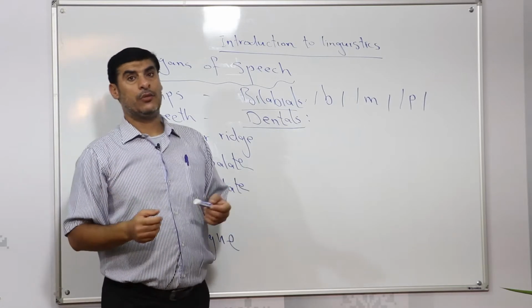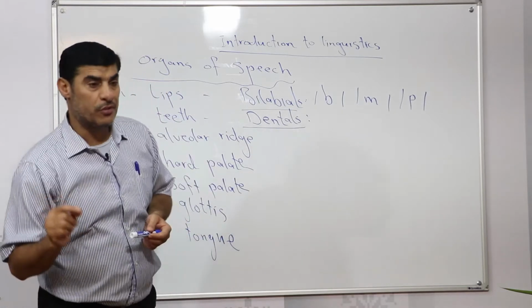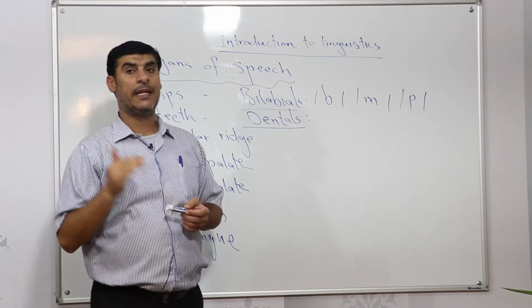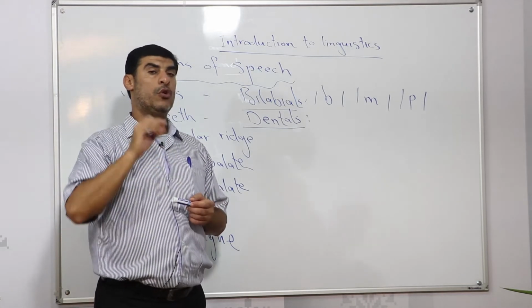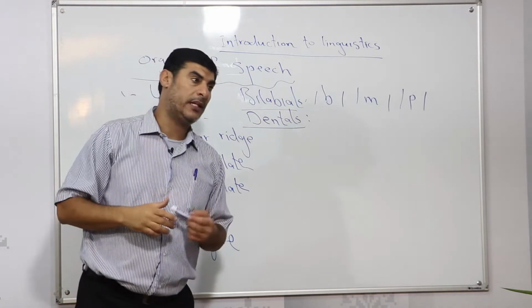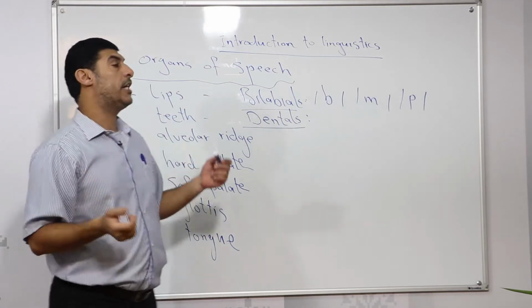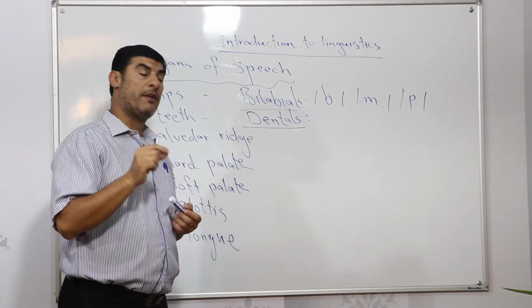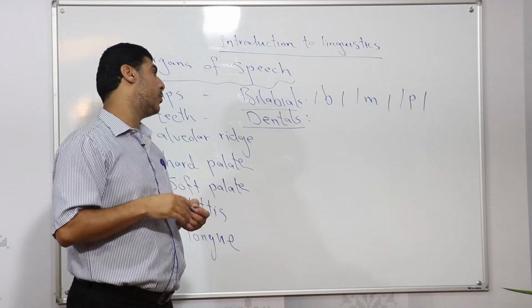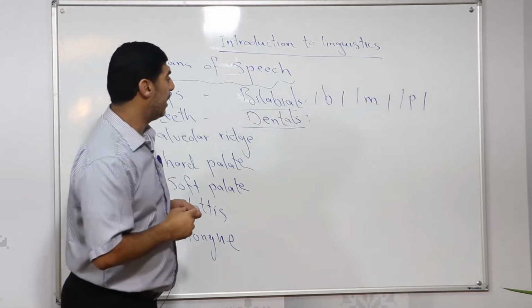What is a dental sound? A dental sound is produced when the tip of the tongue comes between the upper and lower teeth. Try to say, think, this. You will find that the tip of the tongue is inserted between the upper and lower teeth.